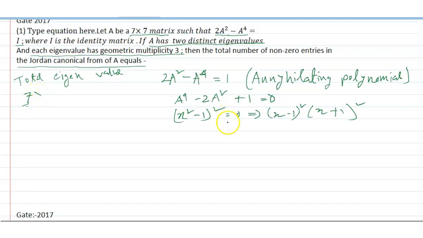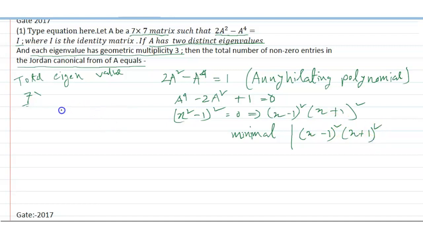My minimal polynomial divides the annihilating polynomial, that is, x minus 1 whole squared and x plus 1 whole squared.